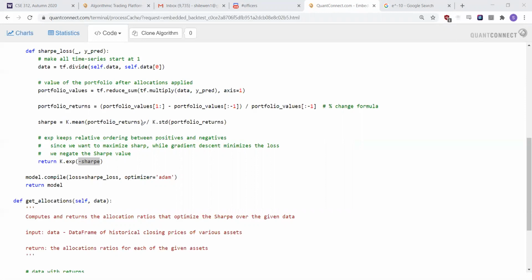It's like x here is negative, and so the result should be smaller. Hopefully that makes sense. Does that make sense? Let me just see the chat.